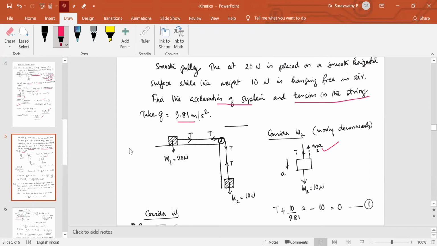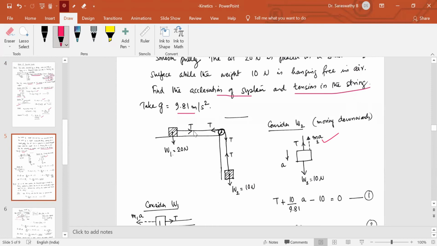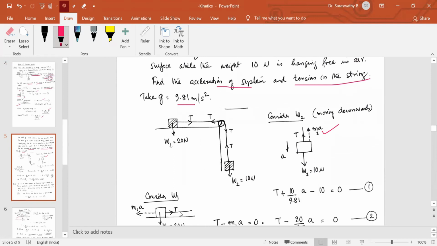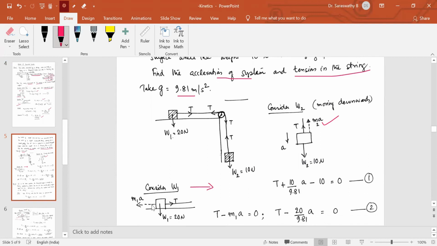First equation. Consider this weight. It is moving horizontally. So T is a tension. This is the direction of motion, so we have to apply inertia force opposite to that, M1 into A. So T minus M1A, M1 is 20 by 9.81, is equal to 0. We have two equations.